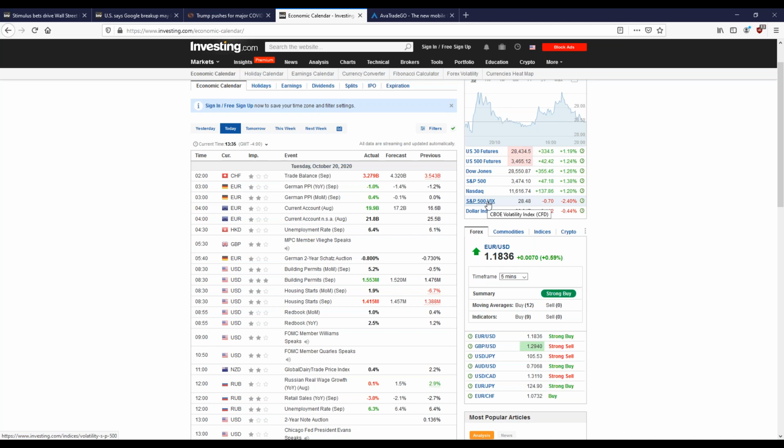And usually when there's high volatility, there's a lot of fear on the market, and the markets are dropping. And when you see volatility is dropping, usually fear is dropping and the markets are green, like we see today. Volatility is down over 2%, markets are green. Fear is dropping, that's what this means. Volatility index is in the red. Usually that means markets are in the green, and that's what's been happening.